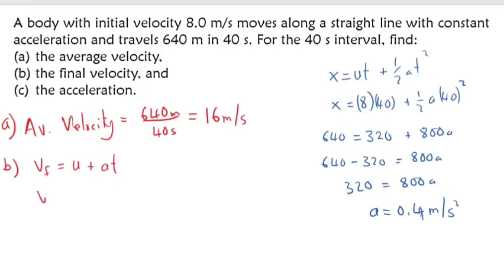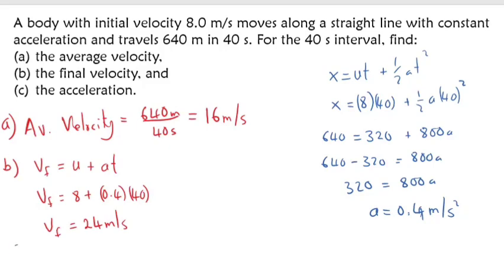So final velocity in this case will be equal to initial velocity 8, plus acceleration 0.4 times time 40. So 40 times 0.4 is 16, plus 8, 24. So the final velocity is 24 meters per second.